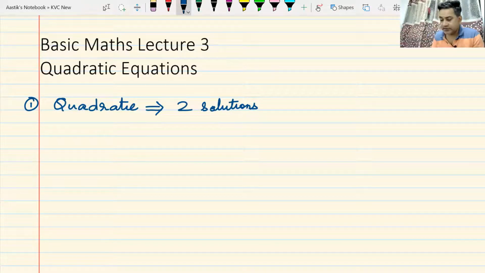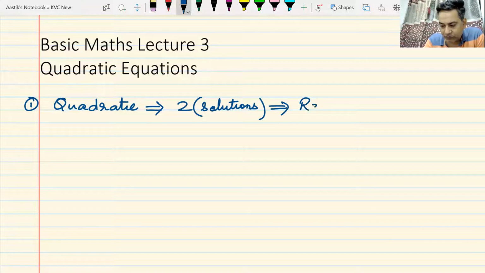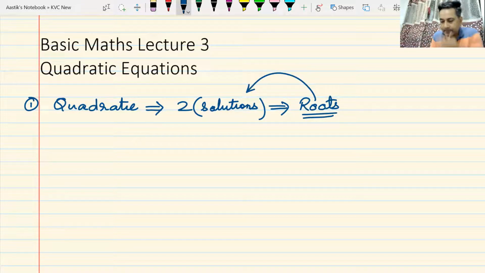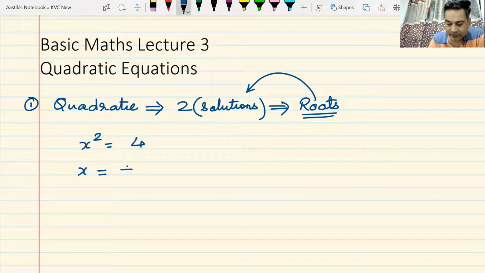Now, instead of calling them solutions, we can also call them by a different name. We can call them roots. Roots is the name that we use for solutions. So, for example, we had seen that if x square is 4, the value of x is plus or minus 2.